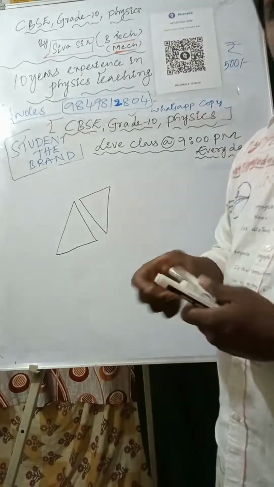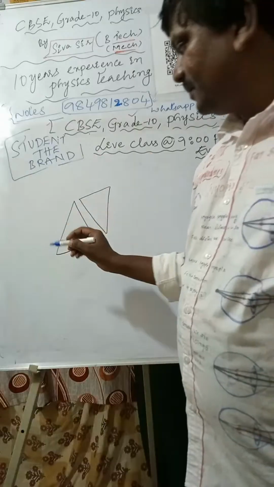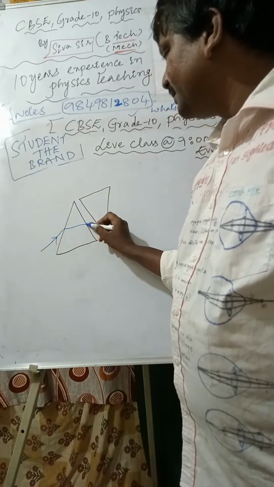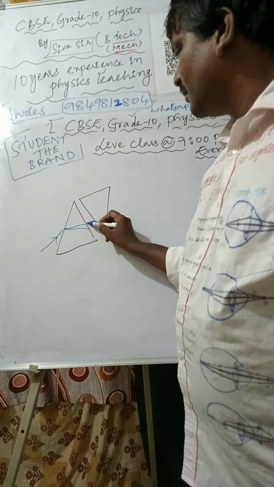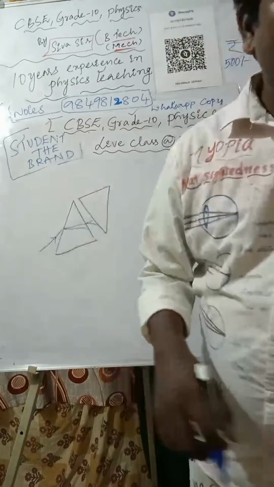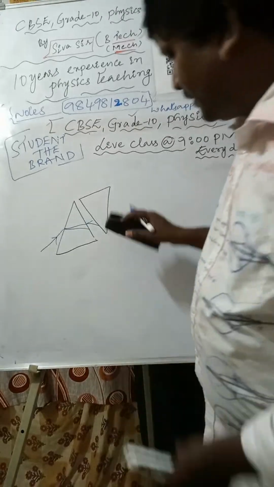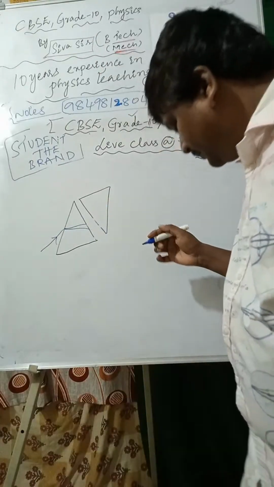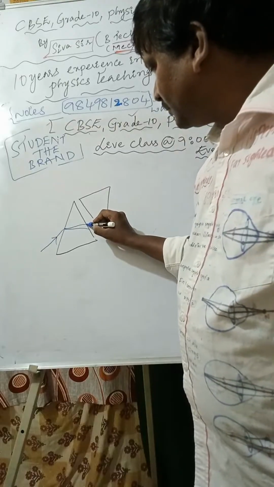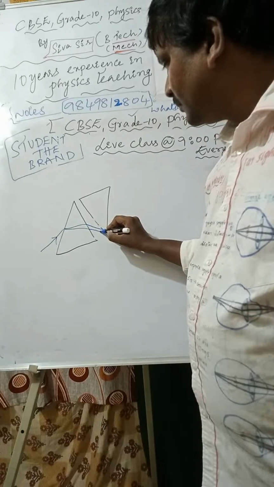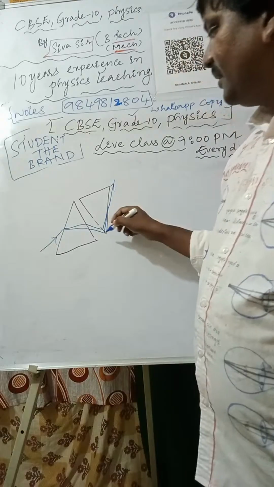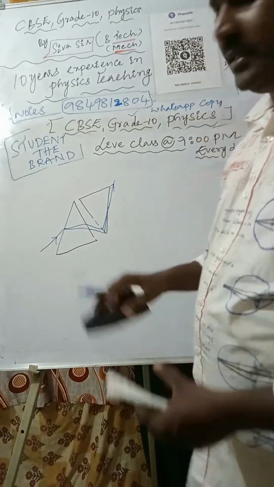So I'm considering, here you can see this is the white light I'm taking. After splitting of white light, then we'll get white light. So once again, draw the diagram.